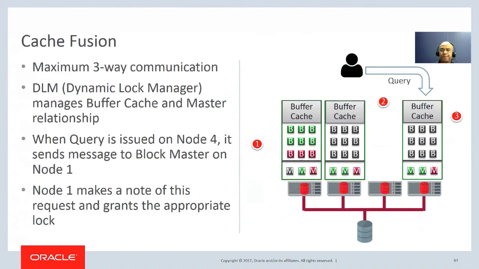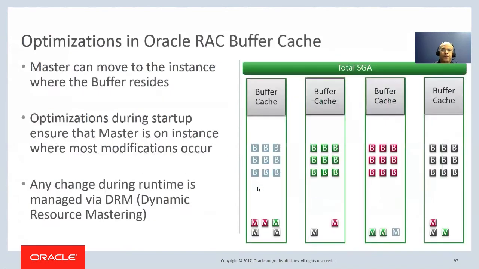Now, again, let's get into what a DRM is. We talked about the worst-case scenario, where you have 3 messages. Now, the goal is to reduce these messages. These messages are latency sensitive, so we try to move the mastership to where the buffer is frequently accessed from.